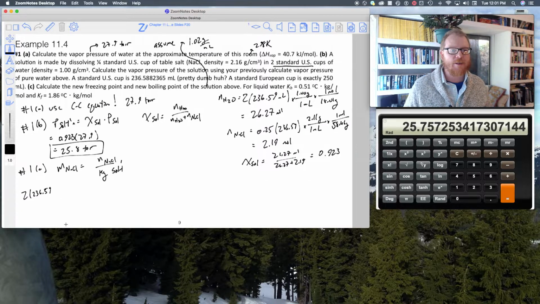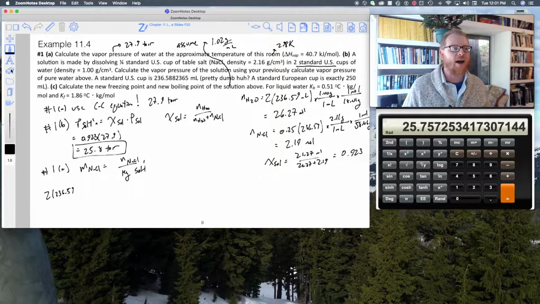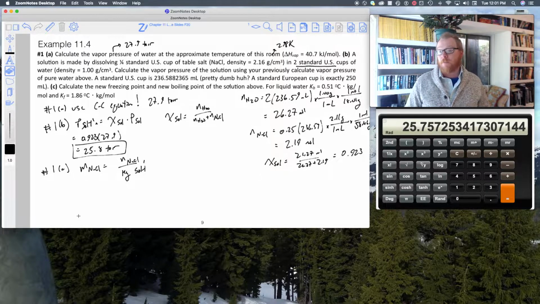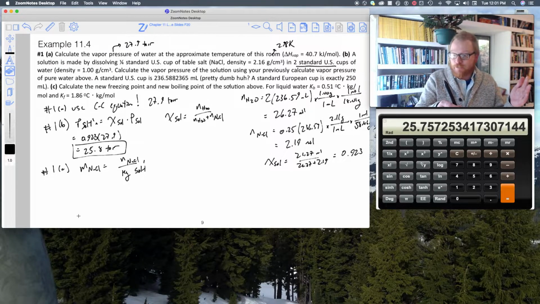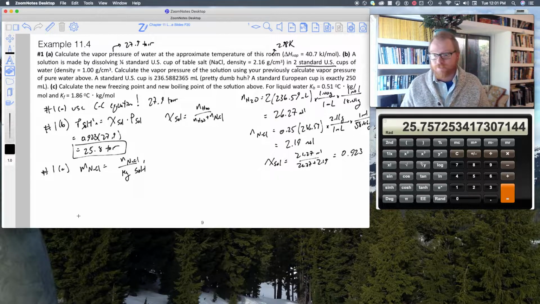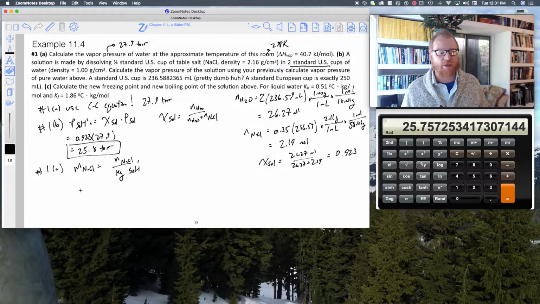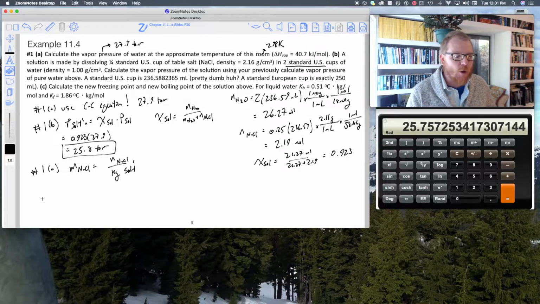All we need is the mass of both quantities. Aha, I just got tricked in my own problem. The mass of the solution is just going to be the mass of the sodium chloride plus the mass of water, right? Okay, so I was overthinking that.